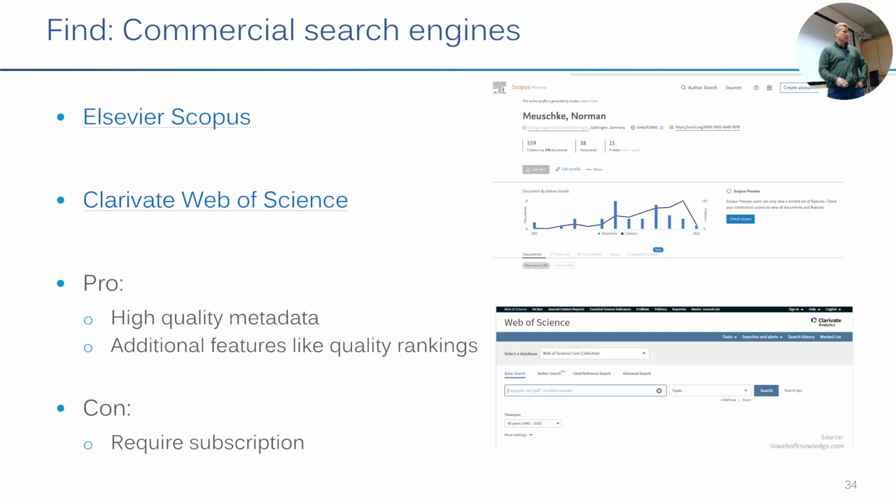Of course, everybody knows Nature and Science, but maybe you don't know the top conferences or journals in the field you're currently researching. They help you with this. The downside, of course, is they require a subscription. Typically, they're quite expensive, so you would need to check whether the university actually has access to it.